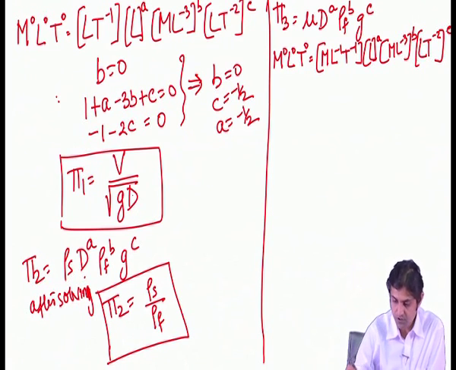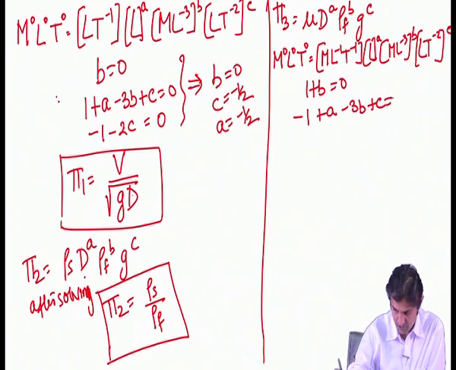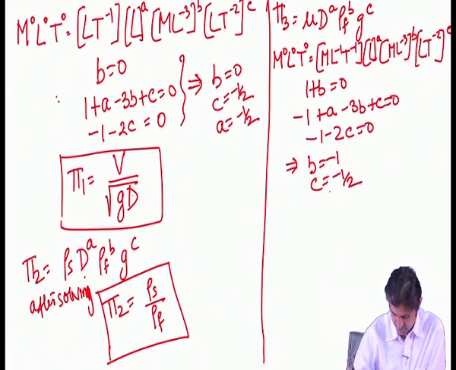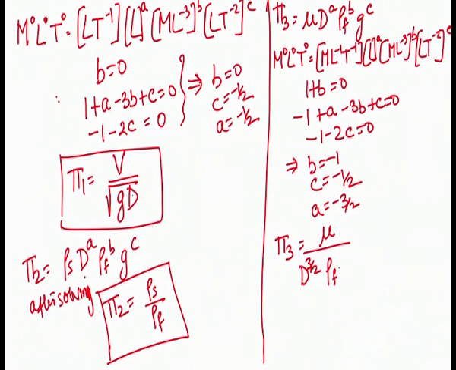Okay. So, this will give us 1 plus b is equal to 0, minus 1 plus a minus 3b plus c is equal to 0, minus 1 minus 2c is equal to 0, and after solving, it will give b as minus 1, c as minus half and a as minus 3 by 2. So, the pi 3 is going to be mu divided by d to the power 3 by 2 rho f g to the power half.